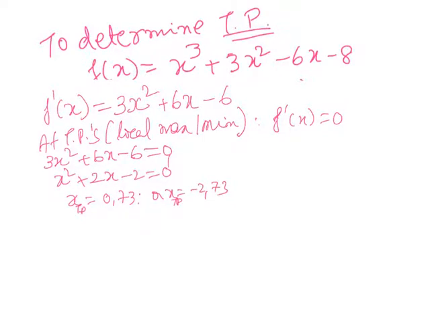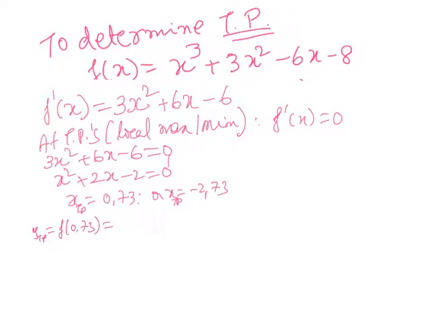One is 0.73, the other one is negative 2.73. So I substitute back into the original function to find the y coordinate of the turning points. So y of the turning point, I get f of 0.73.